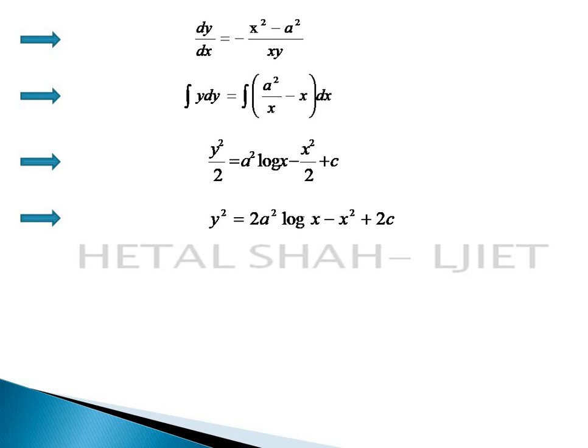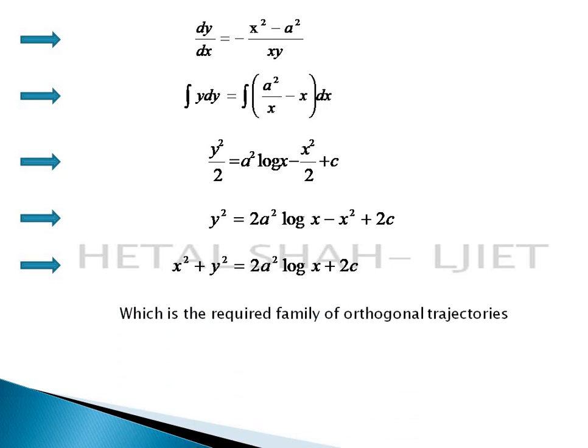We keep y square by 2 equals a square log x minus x square by 2 plus c. So x square plus y square is equal to 2a square log x plus 2c, which is the required family of orthogonal trajectories.